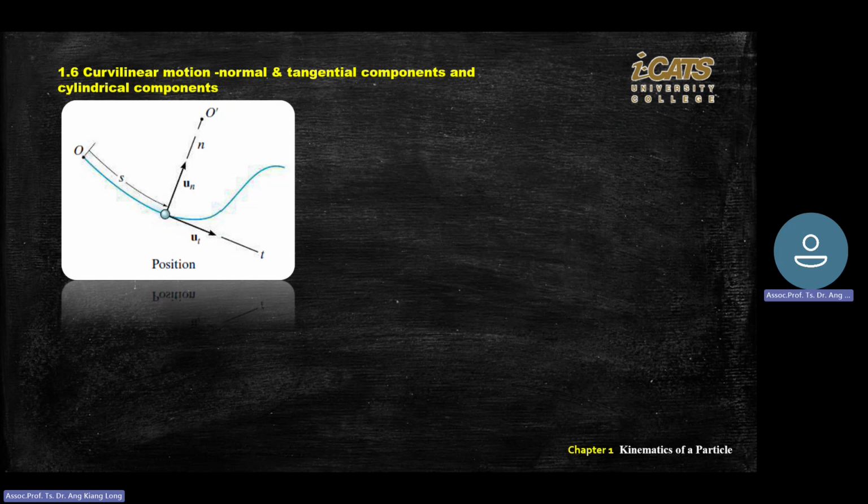And you know that for every curve, like your palm, as I mentioned yesterday, if the curve is going up, your palm is facing inside the curve. That one will become your normal direction. Normal direction is always pointing to the center of the curve, which we label as O.